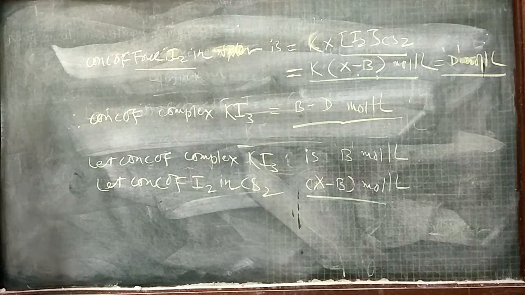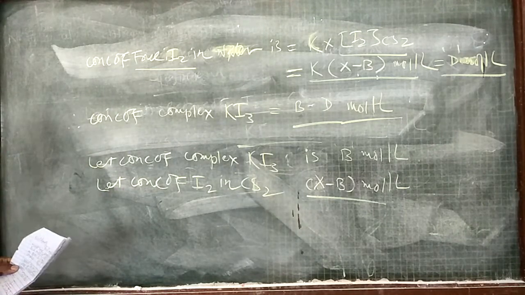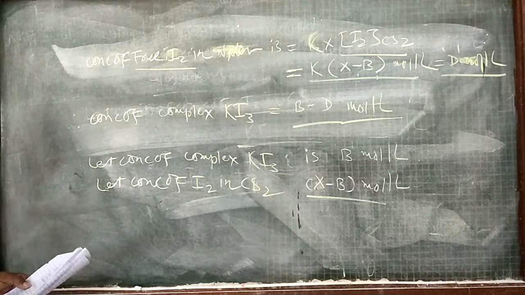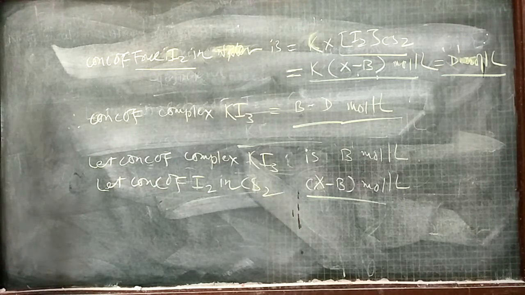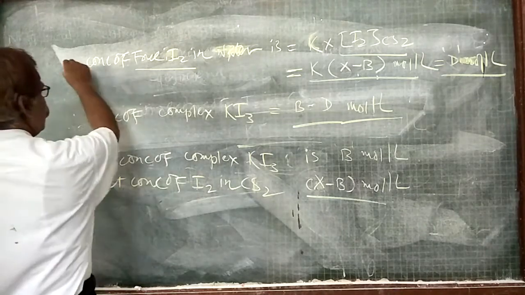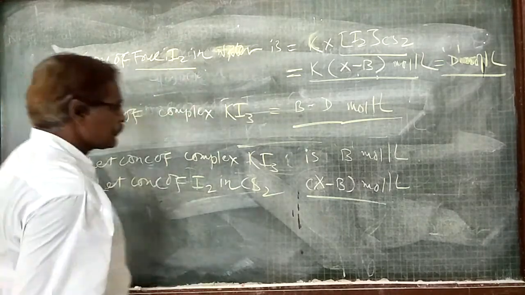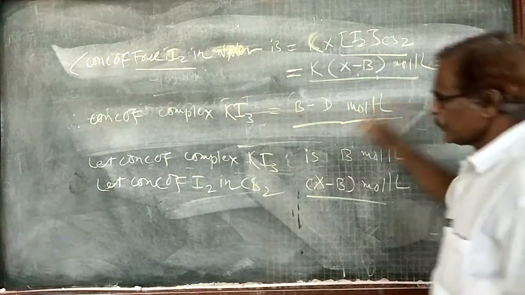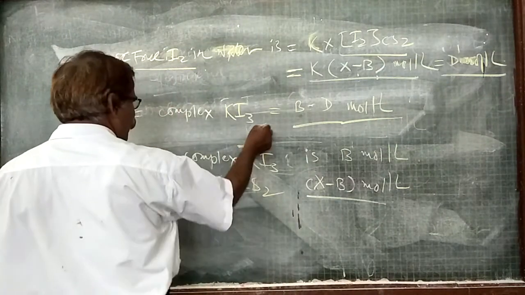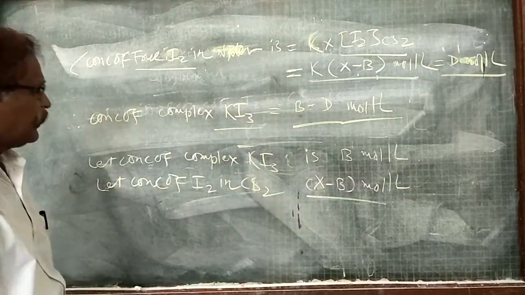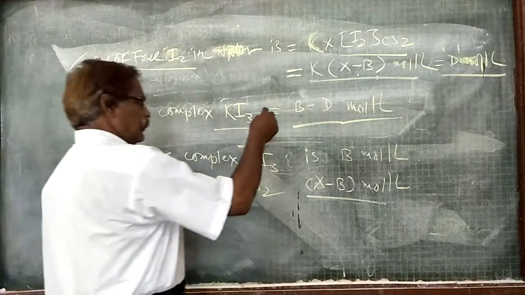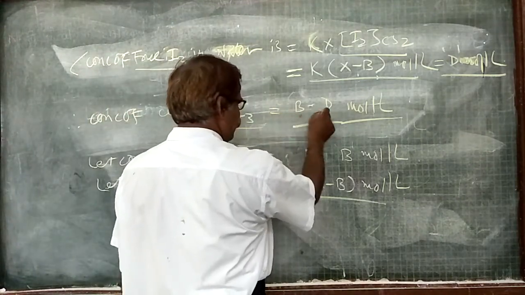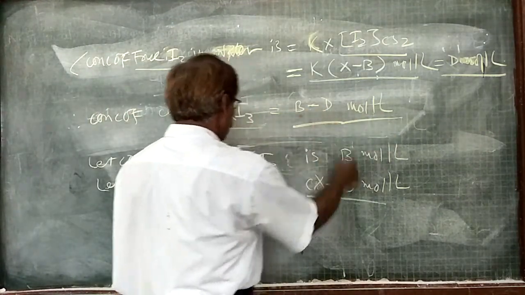Now, looking at all these expressions, we know the concentration of free iodine in the aqueous layer is D moles per liter, and the concentration of the complex KI3 at equilibrium is B minus D moles per liter.